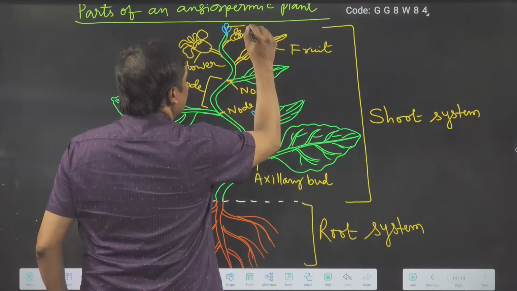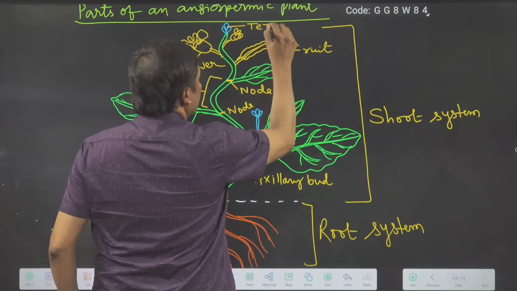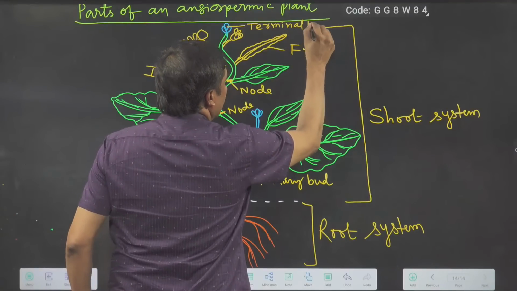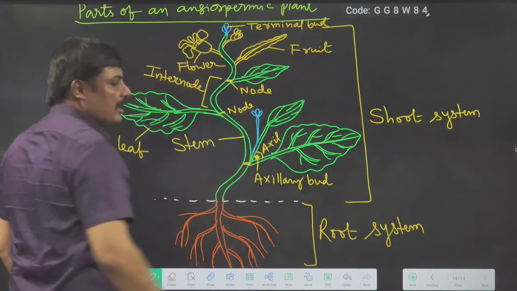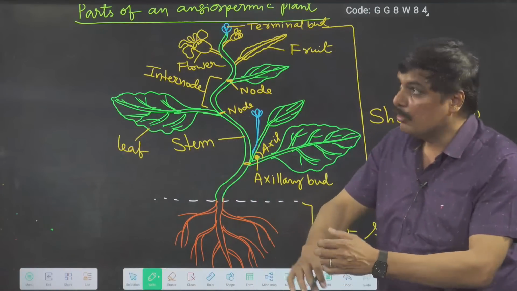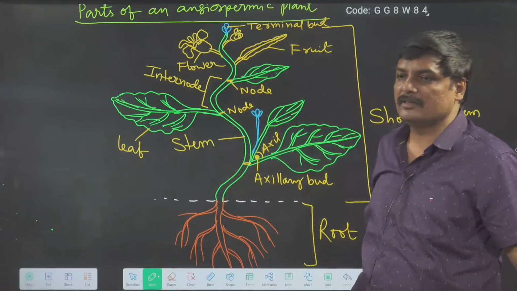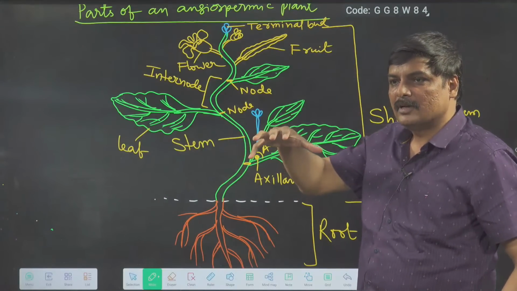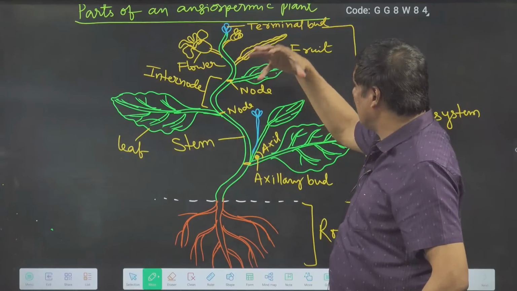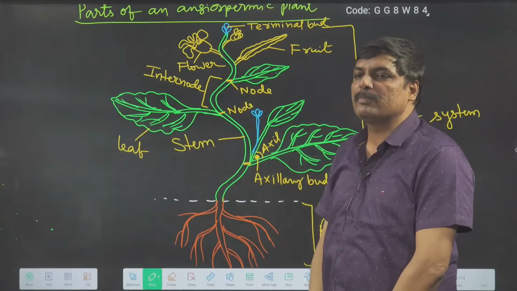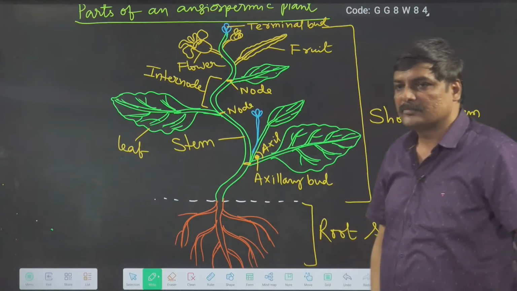This is called terminal bud or apical bud. Terminal bud is also called apical bud. This bud helps in maintaining vertical growth of the plant body. If you cut that bud, vertical growth stops. So the terminal bud or apical bud helps in maintaining vertical growth of the plant body. Understand?